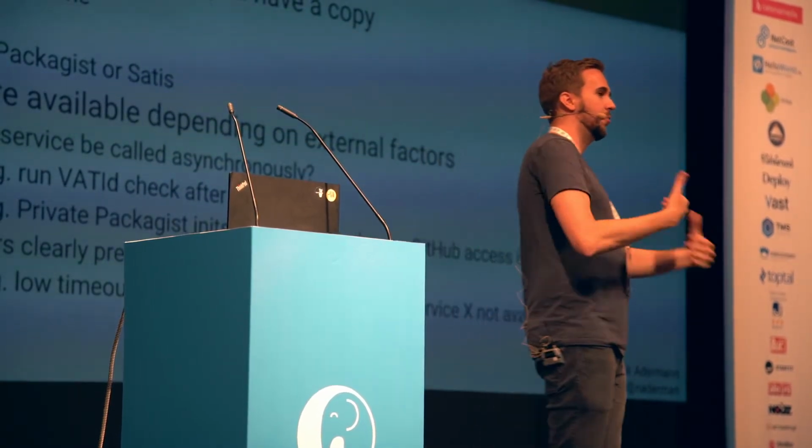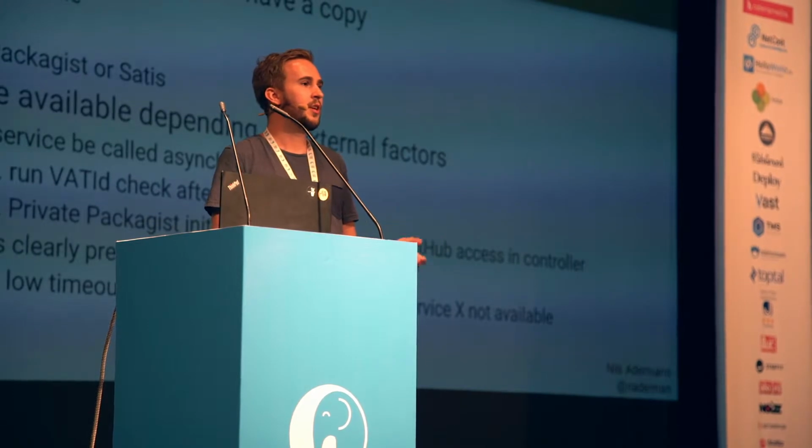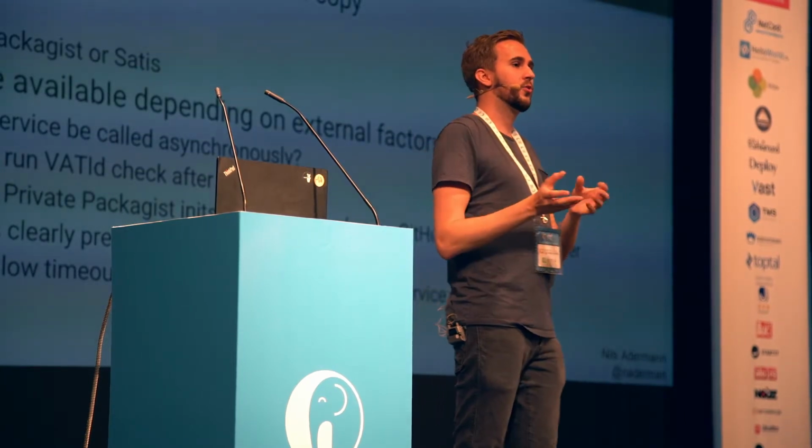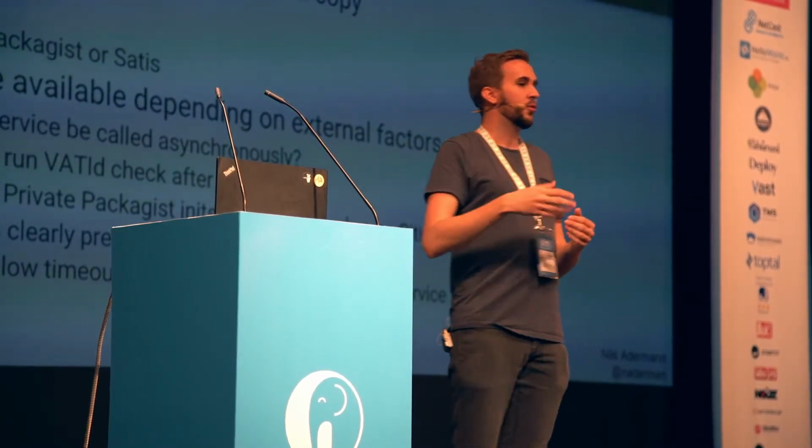So while we have this GitHub integration, and if you log in, it loads something from the API, we don't want this to happen inside the web request, because then as soon as GitHub is unavailable, our site doesn't load anymore. So instead, we have this happen asynchronously in some background process, and then our front end simply communicates with our internal cached store of this GitHub data, so that if GitHub isn't available, we simply say, hey, we couldn't load this at the moment, and the rest of the site works fine.